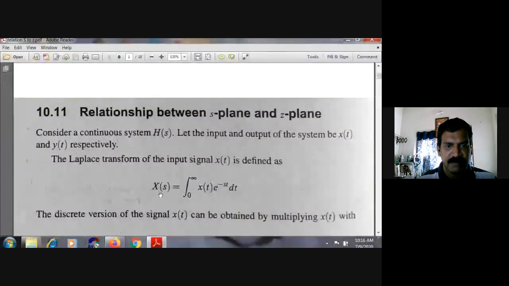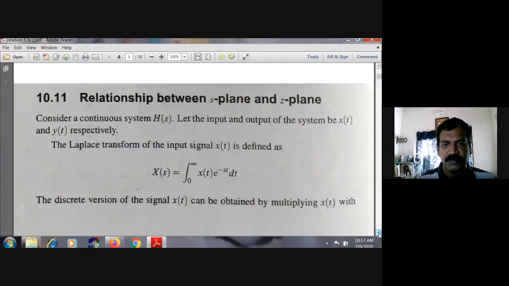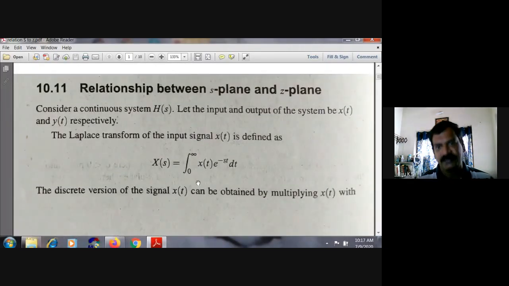The Laplace transform of an input signal x of t is defined as X of s equal to the integral from 0 to infinity of x of t e raised to minus st dt. Actually, the limits run from minus infinity to plus infinity, but if you are considering a unilateral system, it is from 0 to infinity.